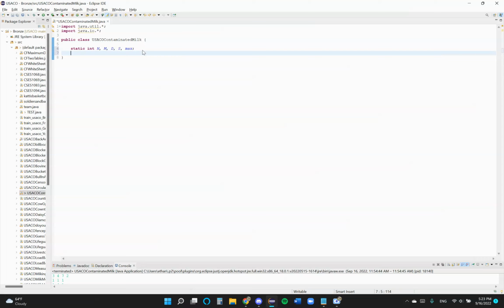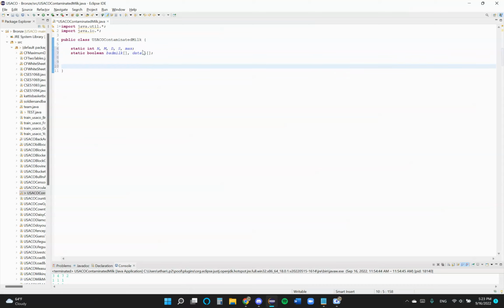And we're going to need those Boolean arrays. So static Boolean bad milk, and let's keep bad milk 1-dimensional and data as 2-dimensional, where data includes the data about which milk each person eats, and bad milk is about which milk are possibly contaminated.